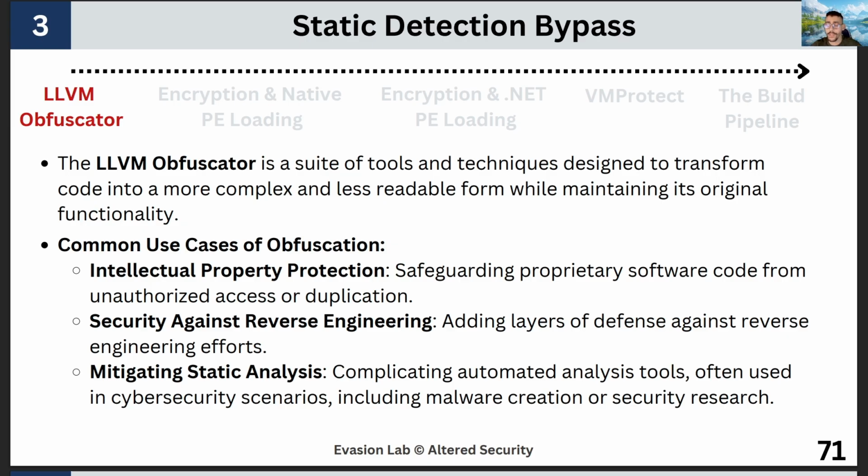And third is mitigating static analysis. In the case of malware development or security research, obfuscation complicates automated analysis tools, which is useful for malware development in our case. In short, LLVM obfuscator is a crucial tool in software security and in malware development, whether to protect legitimate software or to evade detection in our case.